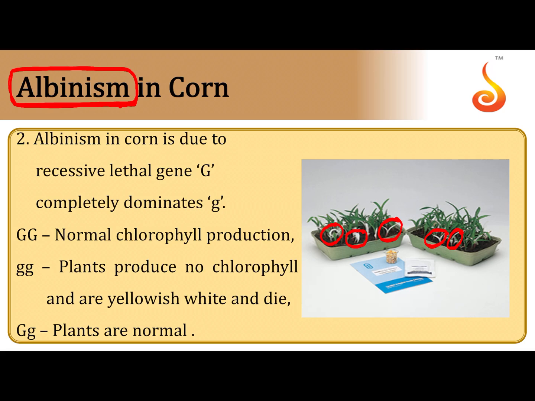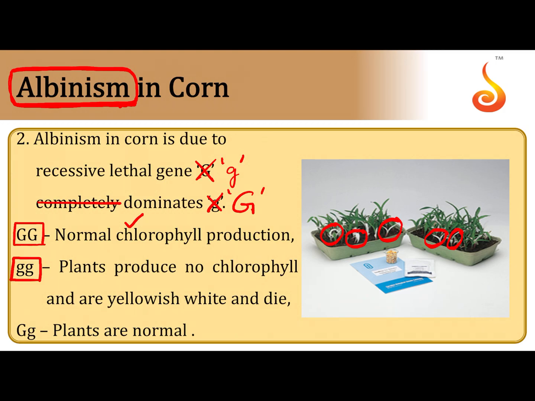Now there is a gene that controls this character, which is a lethal gene. So here it is mentioned wrong. It should be a recessive lethal gene, small g. The dominant gene is capital G. See here, if a plant has capital G, it will produce normal chlorophyll.